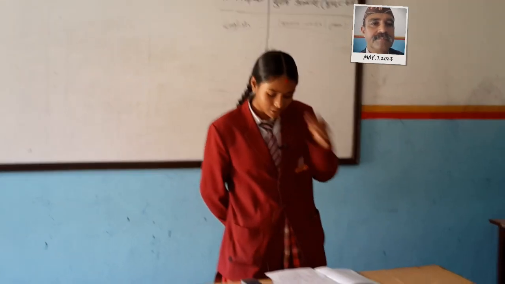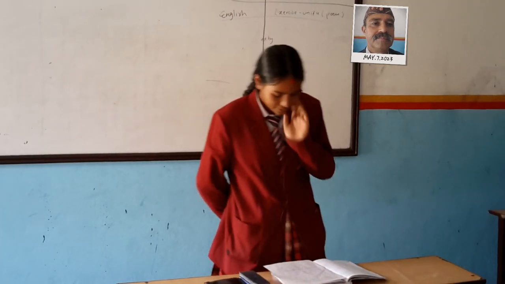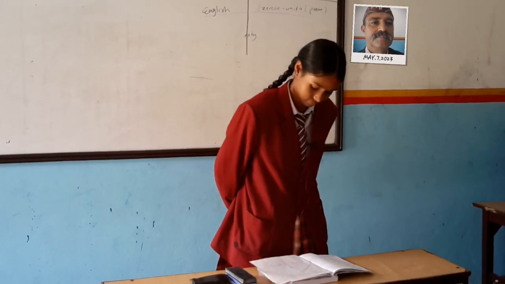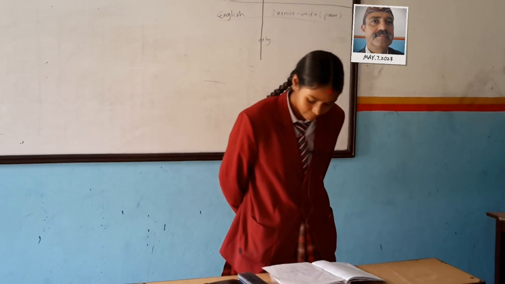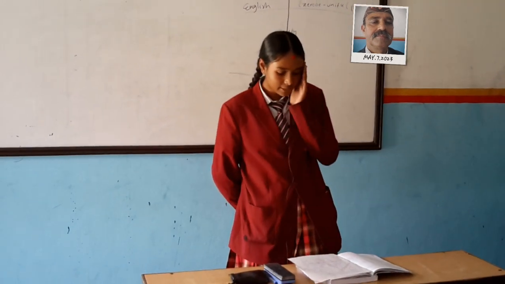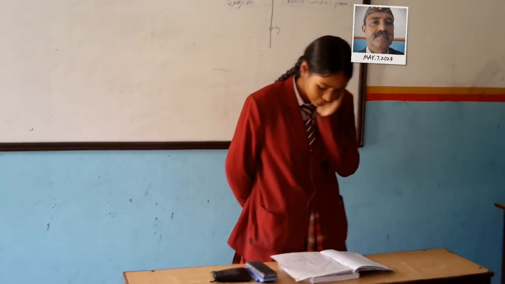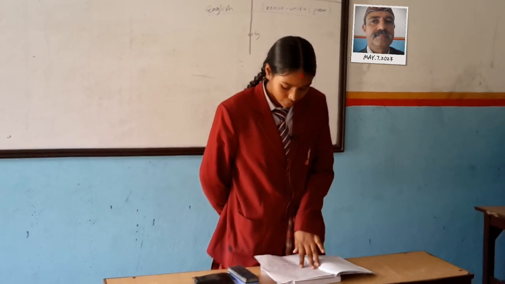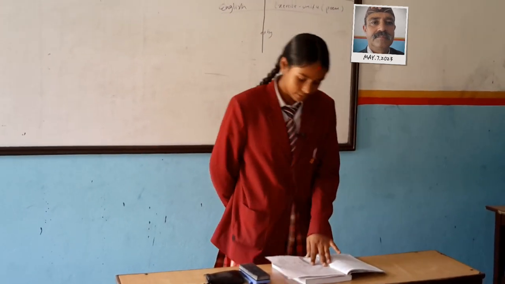The derived unit of the quantity velocity is m s to the power minus 1, the fundamental units involved are m and s, and its formula is s by t.